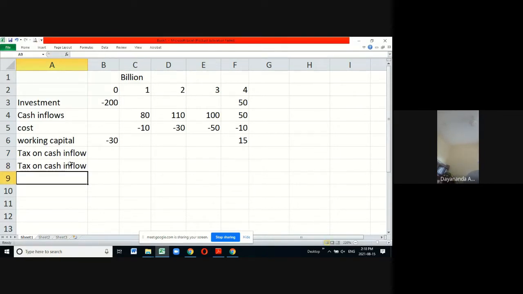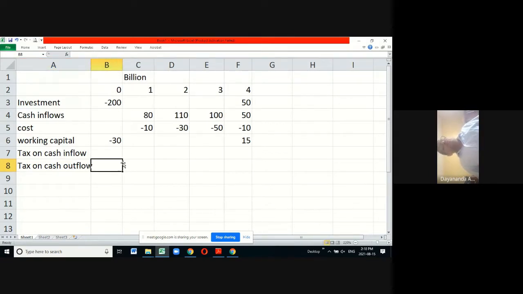Taxing cash inflow and taxing cash outflow. Inflow is this, outflow is this. Okay, cash inflow and cash outflow.